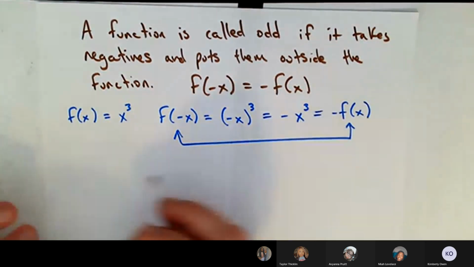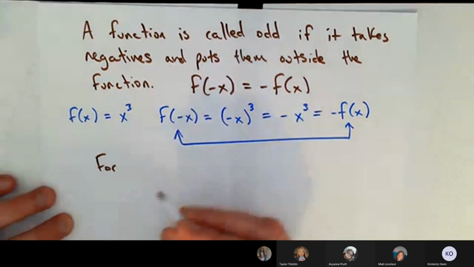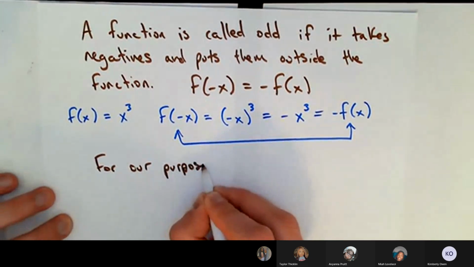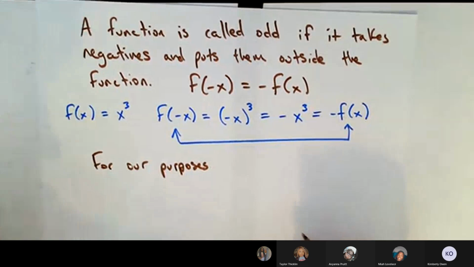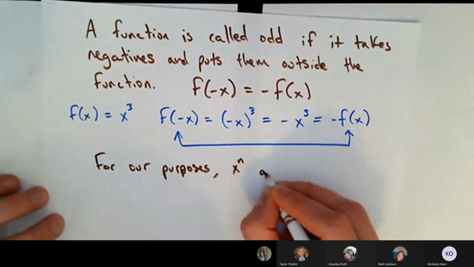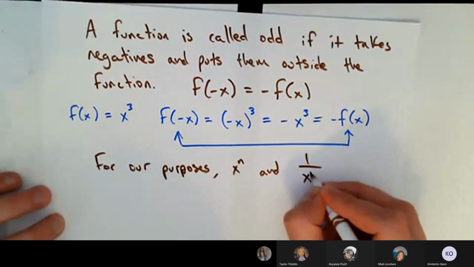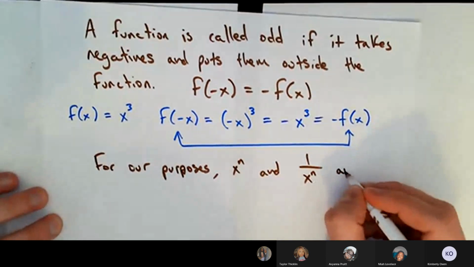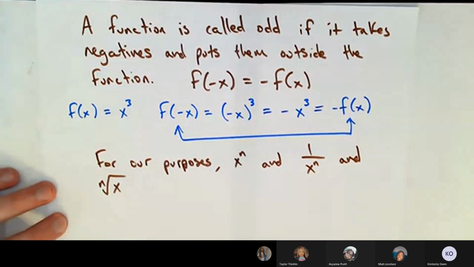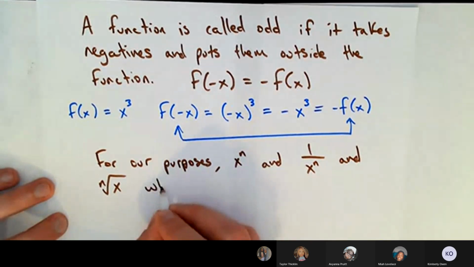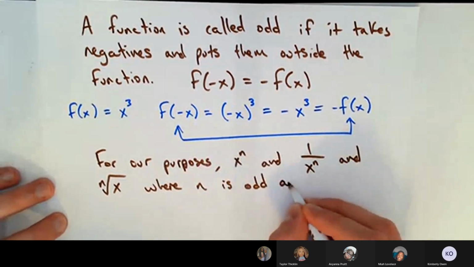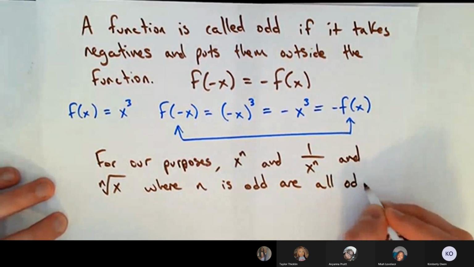So before I talk about the graphical relationship, I'll point out which functions we're going to see that are odd. x to the n and 1 over x to the n, and now we can talk about the root functions, where n is odd, are all odd functions.